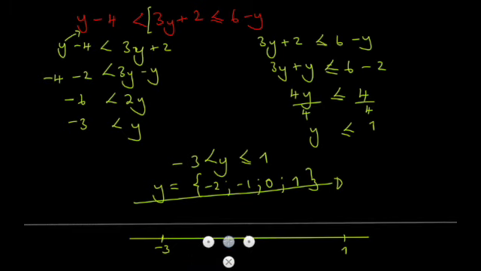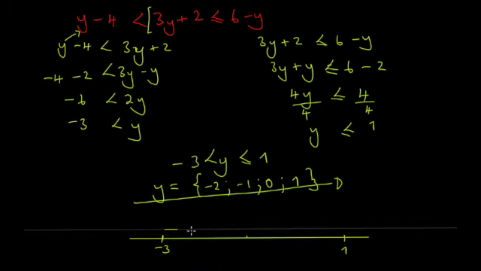Let me write this part as well, because that's the whole range, and cut this out. And then we have y here. On this part, negative 3 is not included because this is a strict sign. So you actually have to put a hollow one here. Hollow simply means it's empty inside.